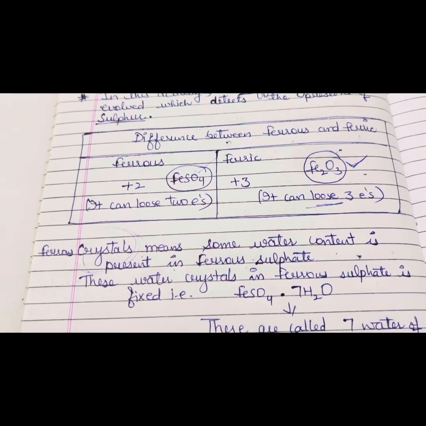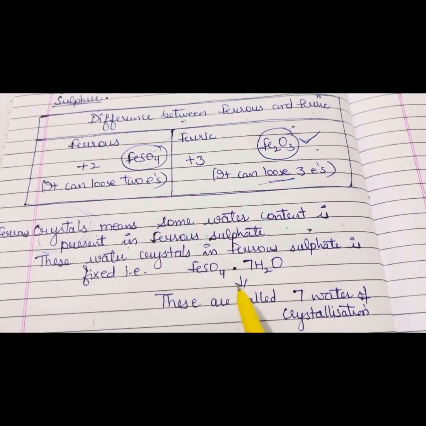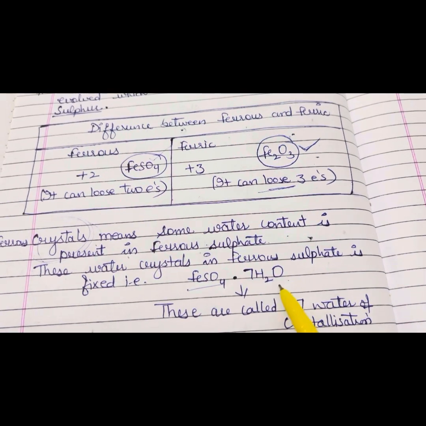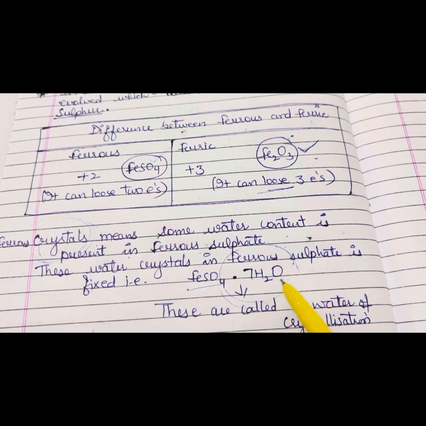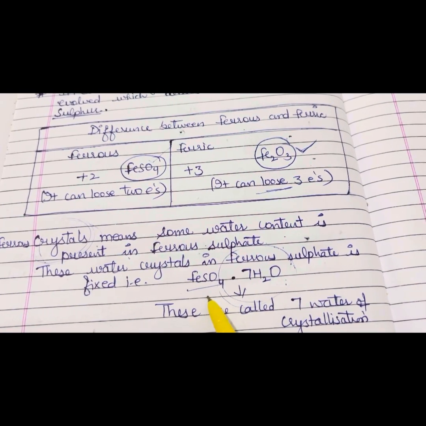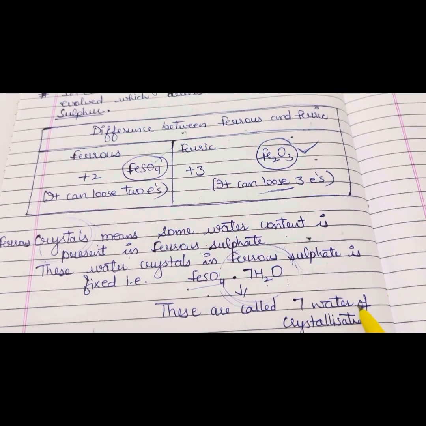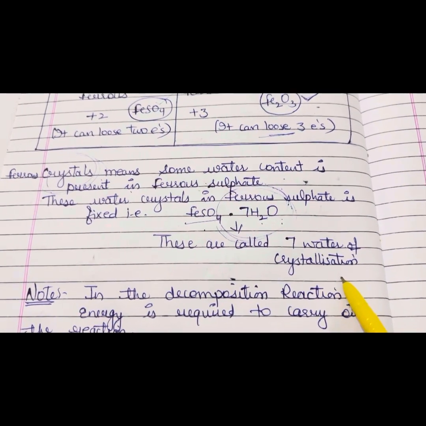So in some of the elements or some of the compounds, water content is fixed. Like in this case, in the case of iron sulfate or ferrous sulfate, the water of crystallization, that means these water molecules attached to this compound, are fixed. So that's why this water is known as the water of crystallization, which we will discuss in detail in chapter number 2.